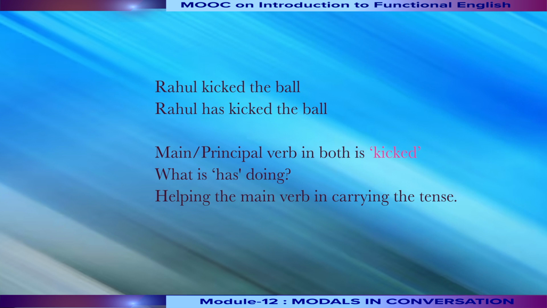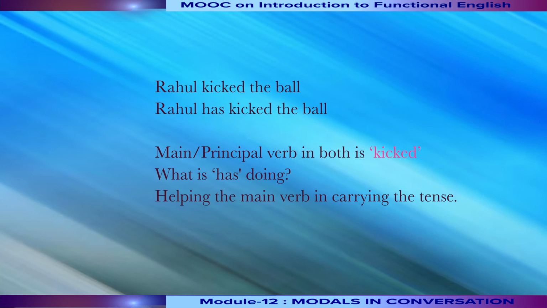How is it helping? It is helping the main verb in carrying the tense, because the tense of the second sentence, Rahul has kicked the ball, is present perfect. This is not designated by the form of the verb kicked, which is the past form of the verb. So it is the auxiliary has which tells us that the sentence is in the present.